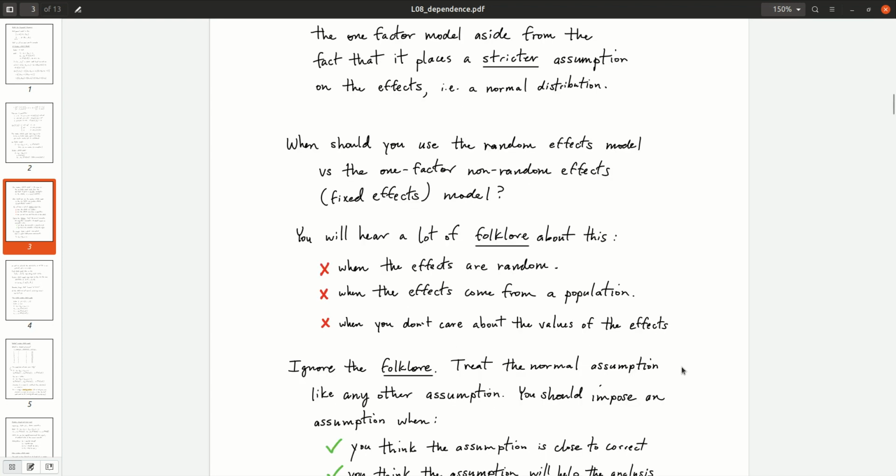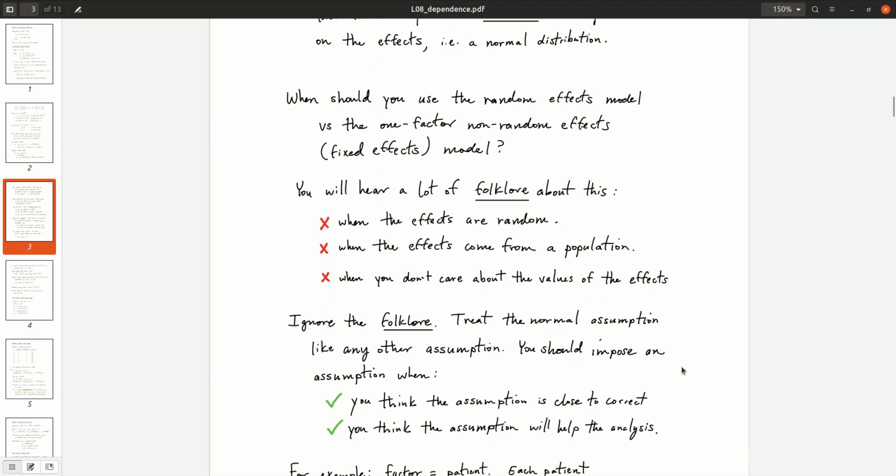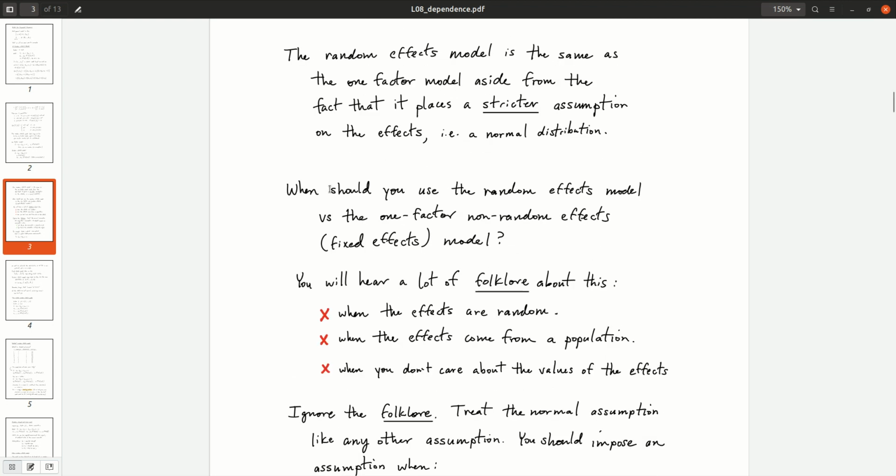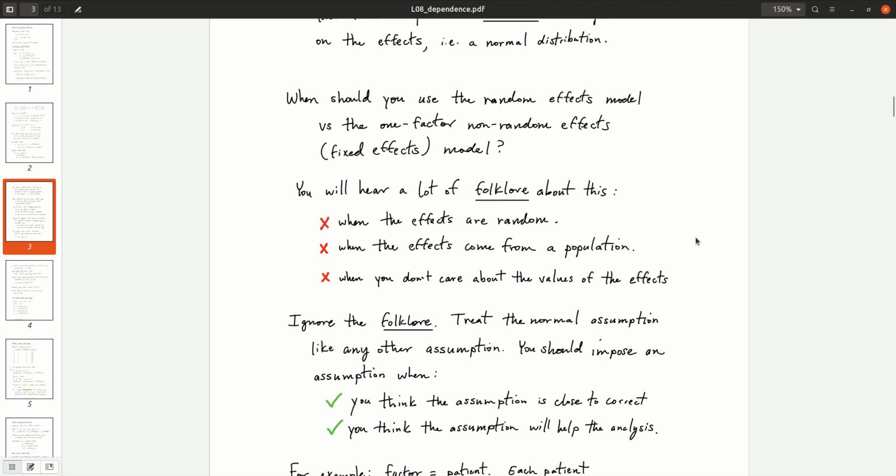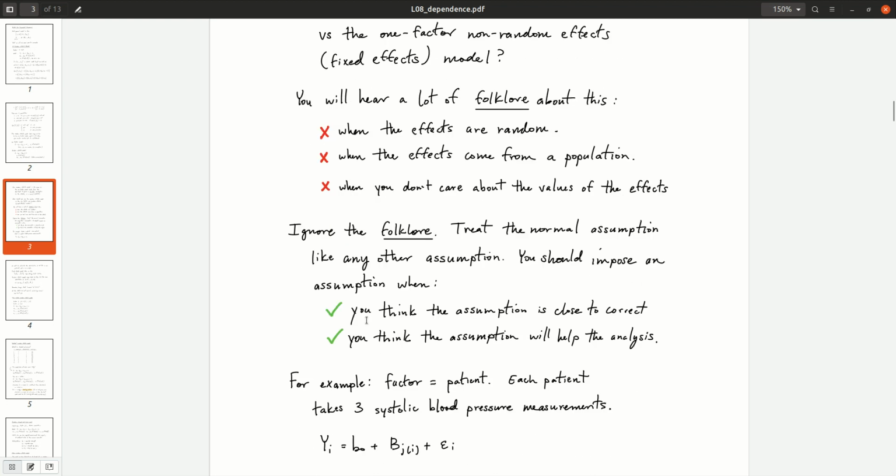The way I'd like you to think about this is, since the random effects model places an additional assumption on the collection of the effects, you should treat that assumption just like you treat any other assumption you make when you specify a statistical model. So let's review how that works. Should you make an assumption? Well, you should make that assumption when you think it's close to correct.